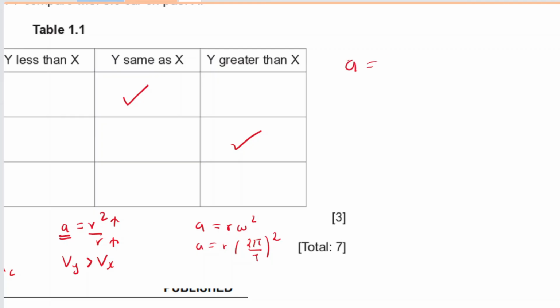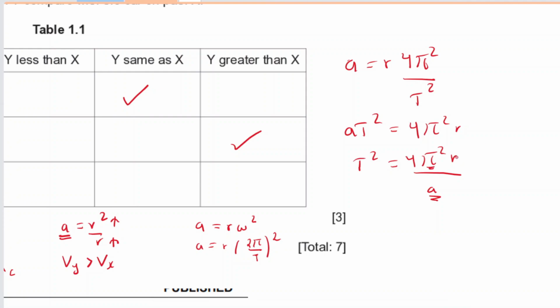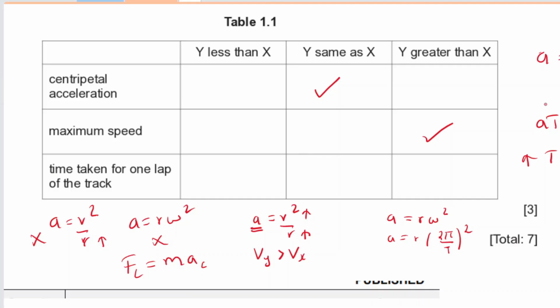This will be a equals r times 4 pi squared divided by t squared, and we get t squared equals 4 pi squared r divided by a. So remember, a is constant, pi is constant, and the radius for Y is more. So that means that t will also increase. So we can say that the time taken for Y will be greater than X.